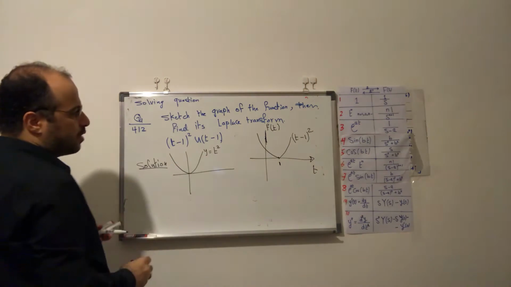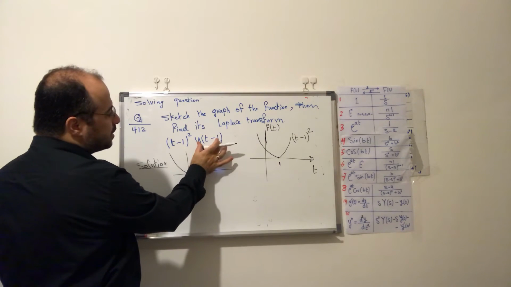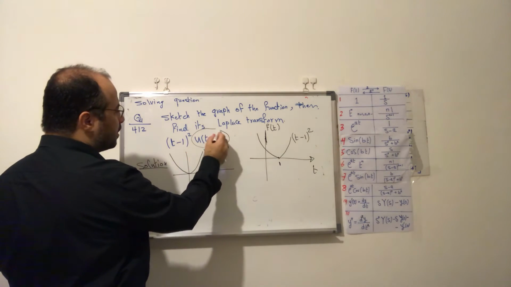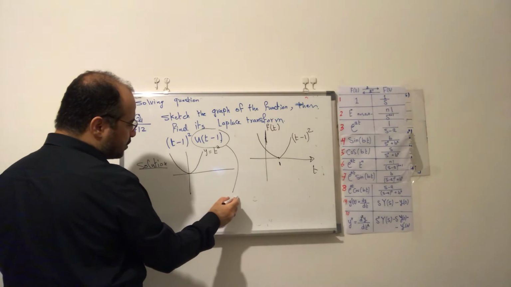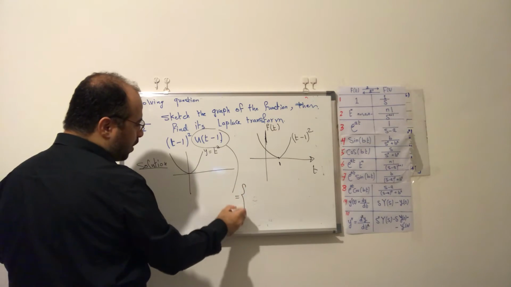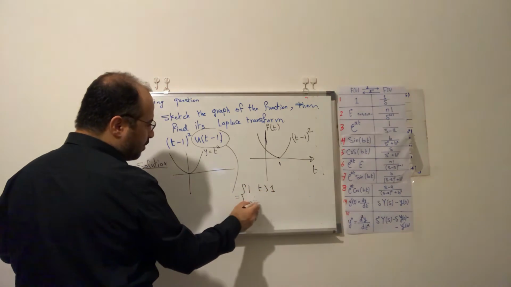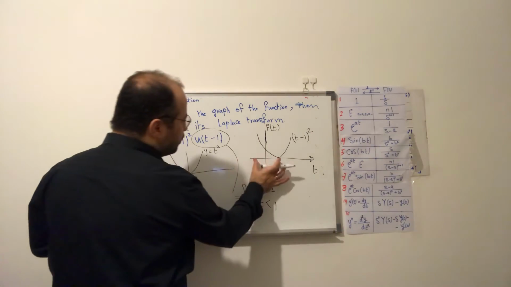This is t squared. Now if you want to multiply with the Heaviside function, just the rule says this thing is equal to 1 when t is bigger than 1 and 0 when t is less than 1.